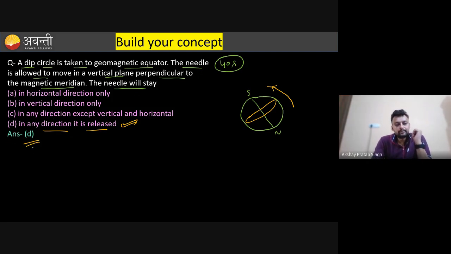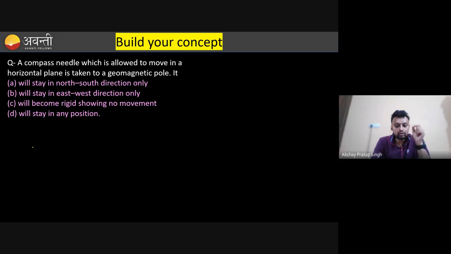You can check it here. The same kind of question is on the next slide. Go through this slide, go through the question and answer.